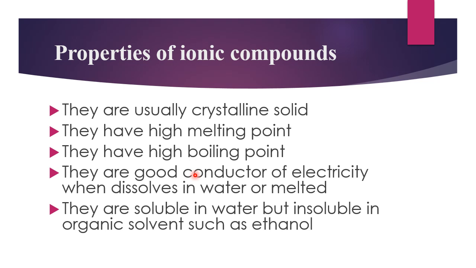What does it mean? These kinds of compounds conduct electricity when dissolved in water, when the ions are formed. Ionic compounds are soluble in water, but insoluble in organic solvents such as ethanol.